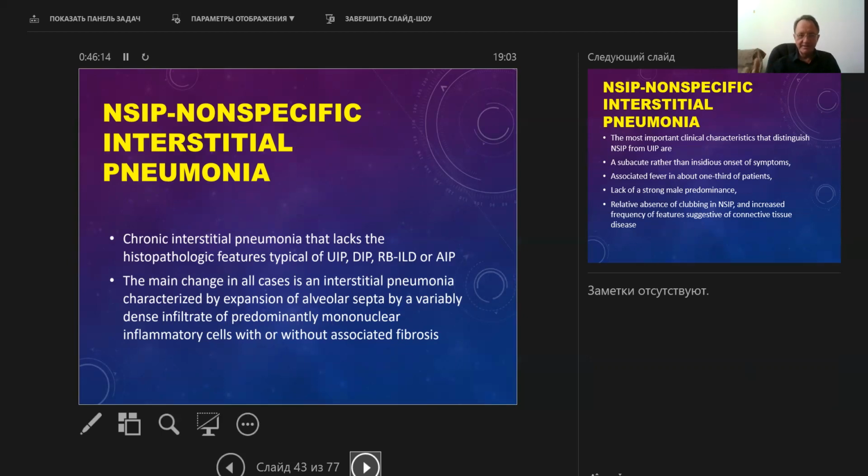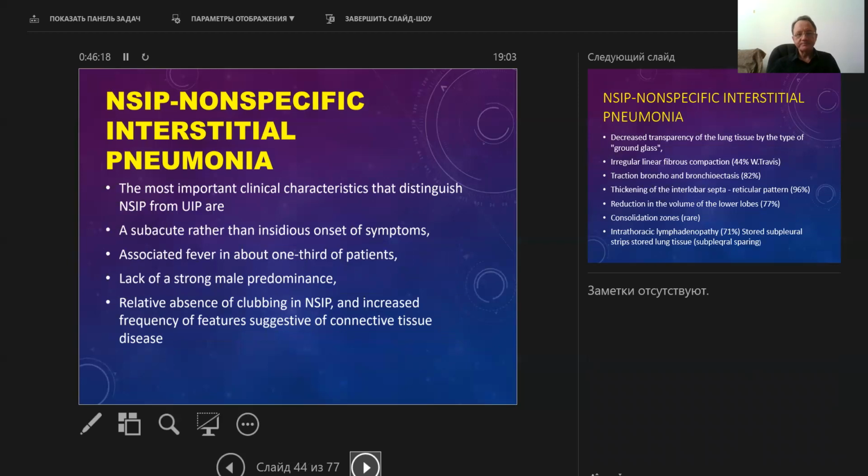That's why it's a target for anti-inflammatory treatment. The most important clinical characteristic that distinguishes non-specific interstitial pneumonia from IPF is mostly a subacute onset rather than insidious onset of symptoms.